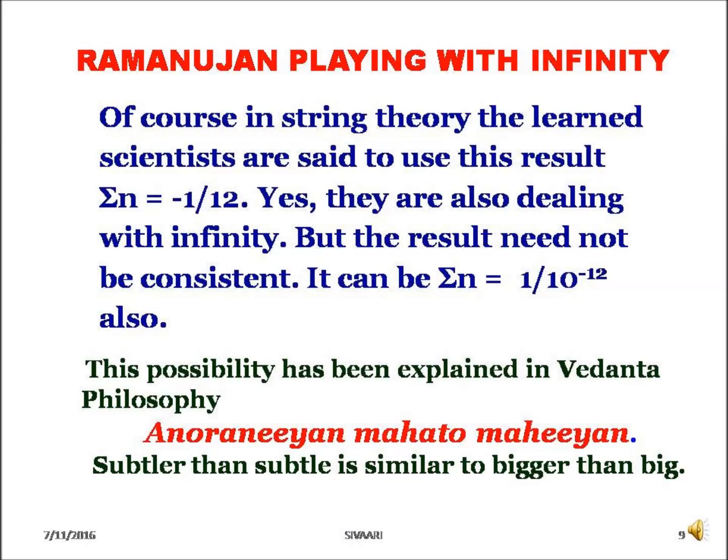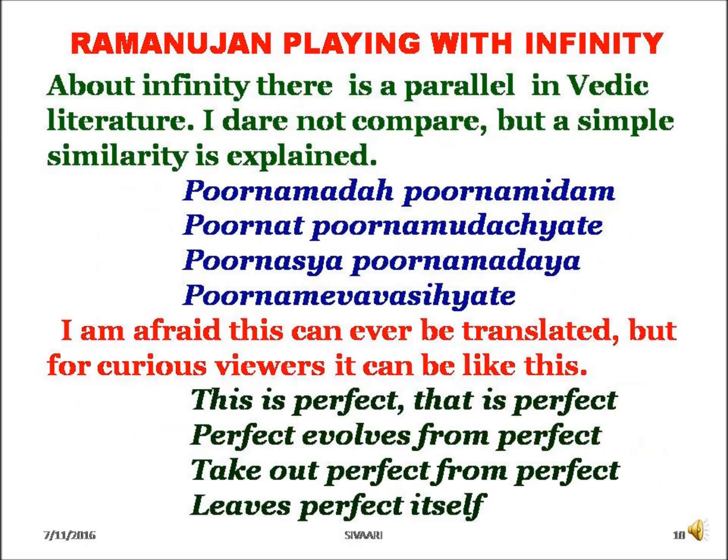This possibility has been explained in Vedanta philosophy. Anoraniyan mahato mahiyan, meaning subtler than subtle is similar to bigger than big. About infinity, there is a parallel in Vedic literature. I dare not compare this, but a simple similarity is explained.